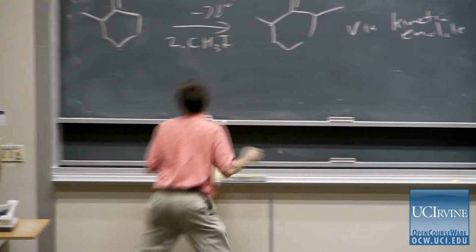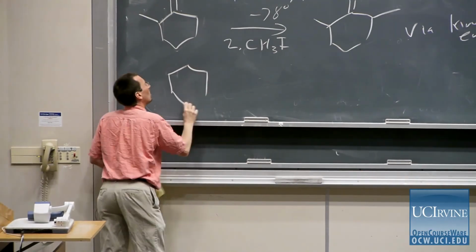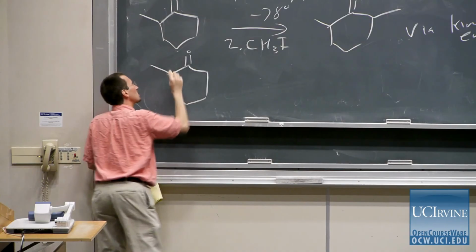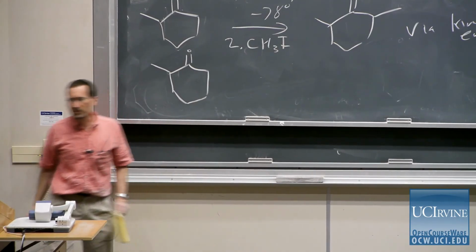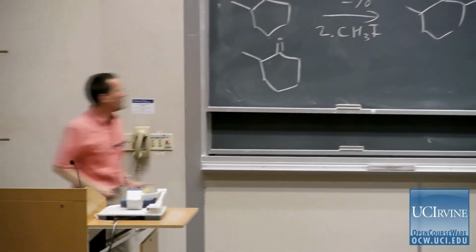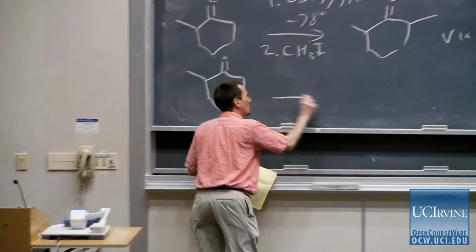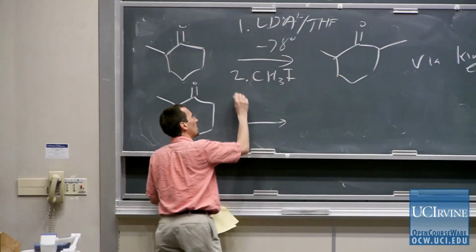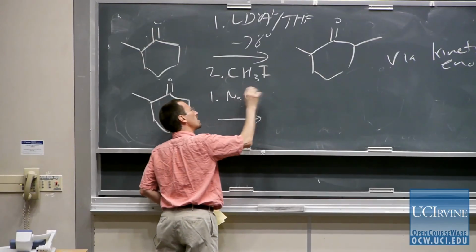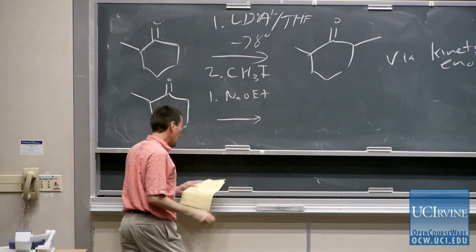Borrowing an example from your textbook, which if you want to ask questions about after class, I will tell you some of the subtleties of. But if you treat with a weaker base that can equilibrate, your textbook uses sodium ethoxide in ethanol.